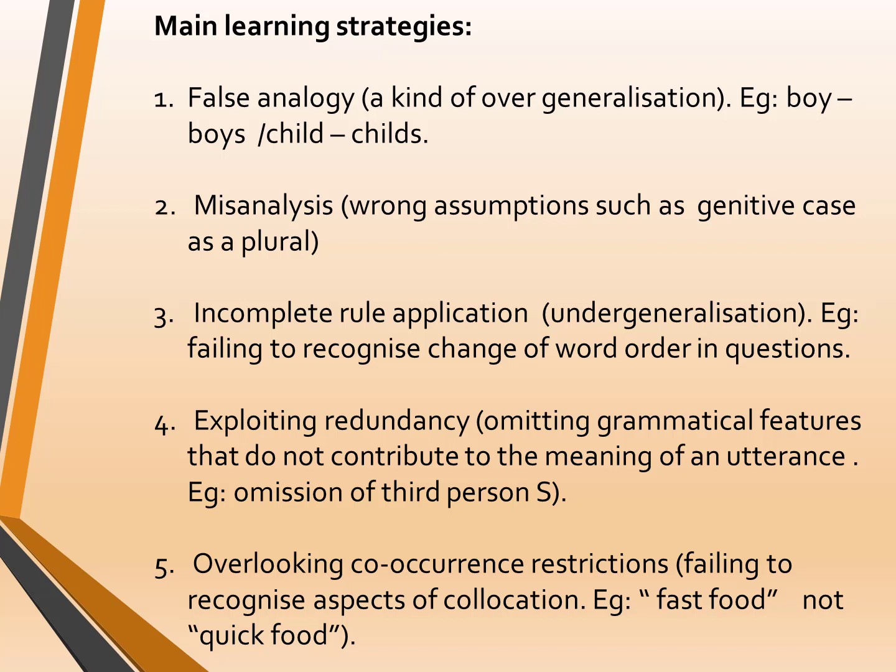The first strategy is false analogy. That is, learners overgeneralize and apply the set of rules that they know to most of what they learn next. This is the case, for example, of the plural. You say boy, boys, so the natural analogy is child, childs.